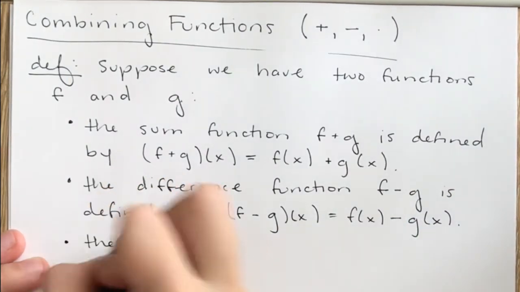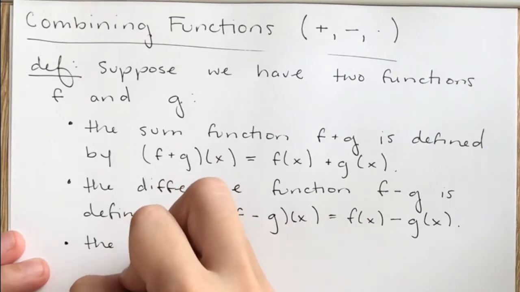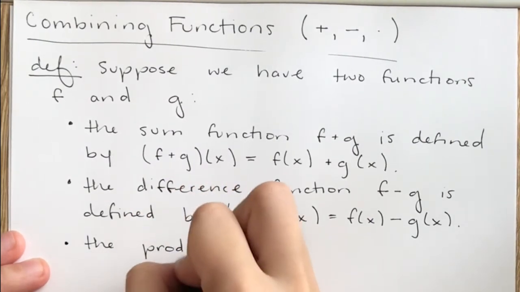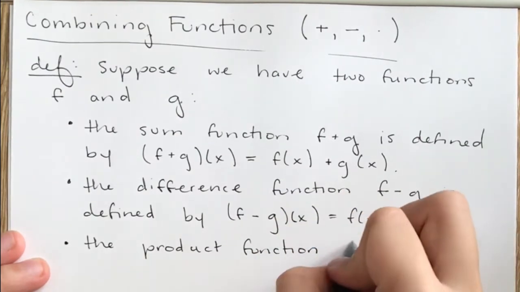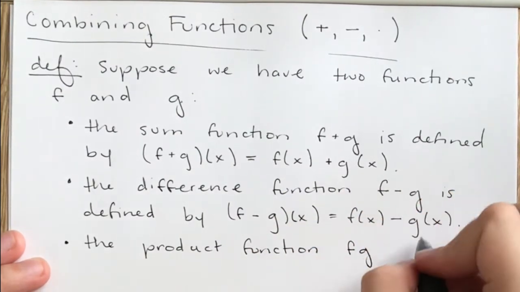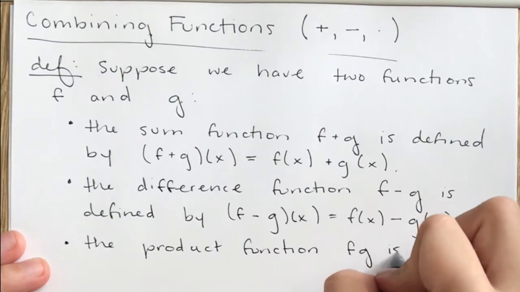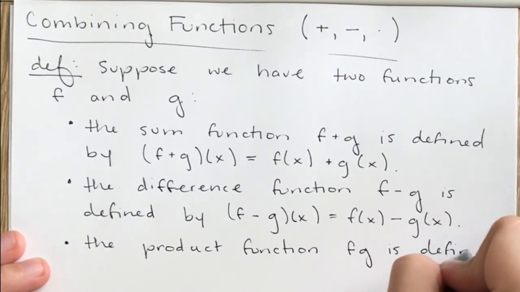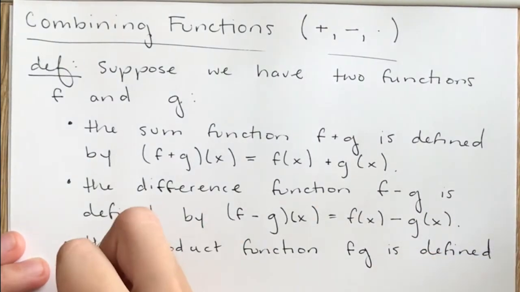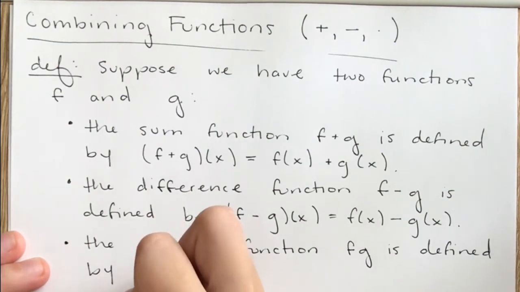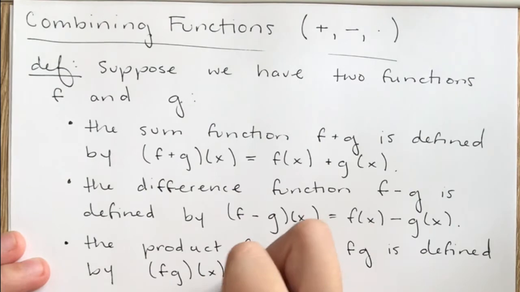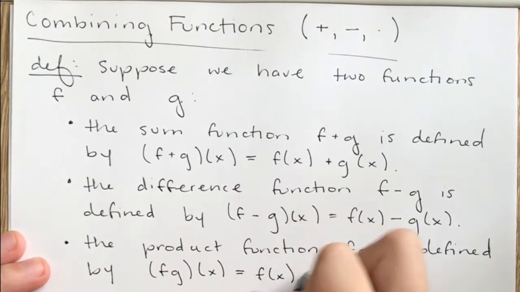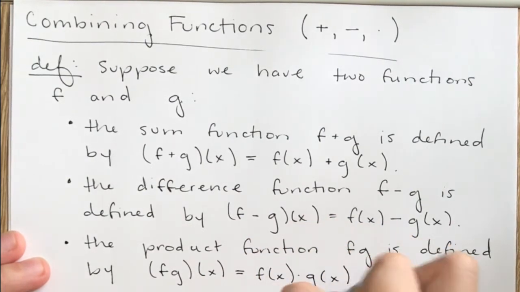And the product function f times g is defined by f times g of x equals f of x times g of x.